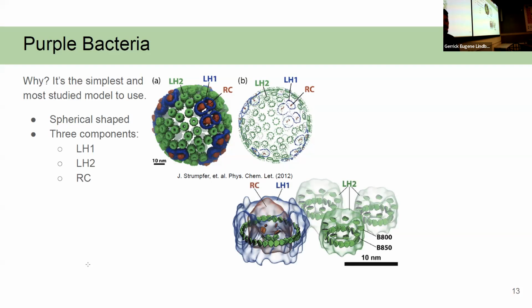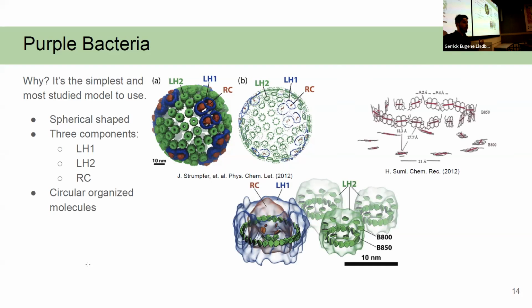And lastly, which is evident in all three of these figures, the molecules that make up these components are organized in a geometrical shape, which in this case is just a circle.